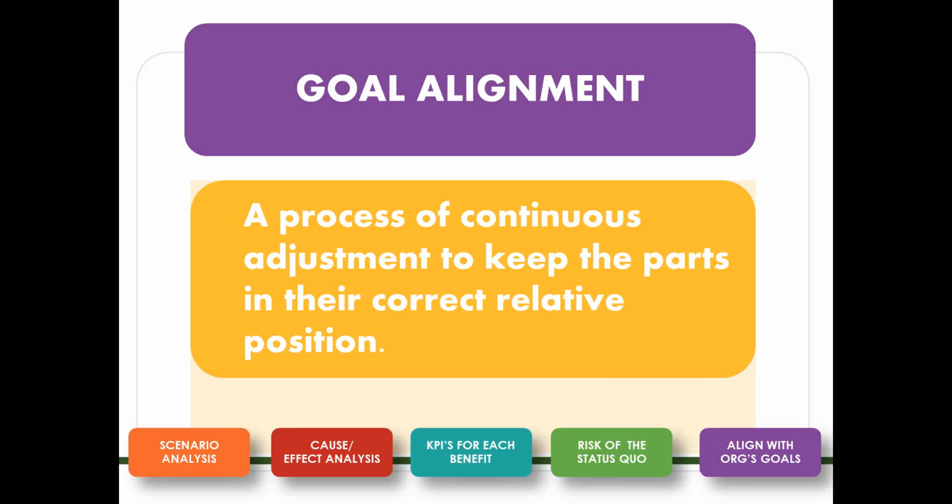The problem for a lot of organizations is that's sort of where alignment ends, in the conference room and at the conversation level. But goal alignment is really a process of continuous adjustment to keep the parts in the correct relative position.